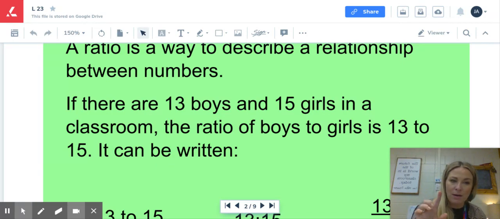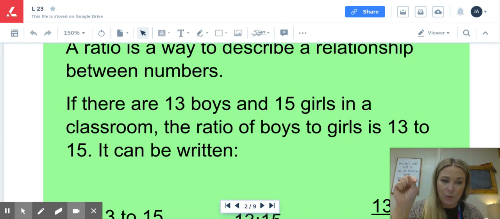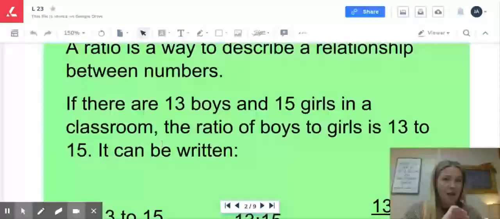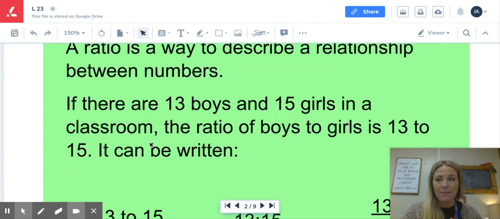I just want to note one important thing really quick before I even show you how this looks. If they are asking you boys to girls, meaning boys first, whatever they ask you about first, that number must come first. Really, really common error that happens in math, like on assessments and quizzes and things like that.